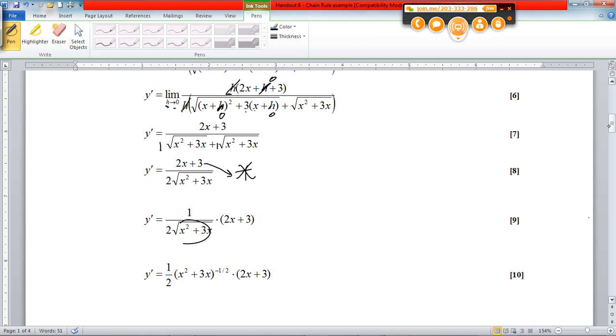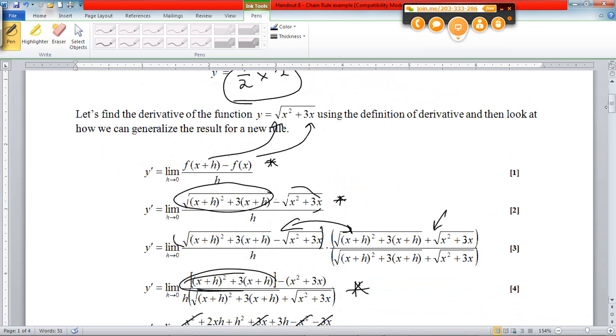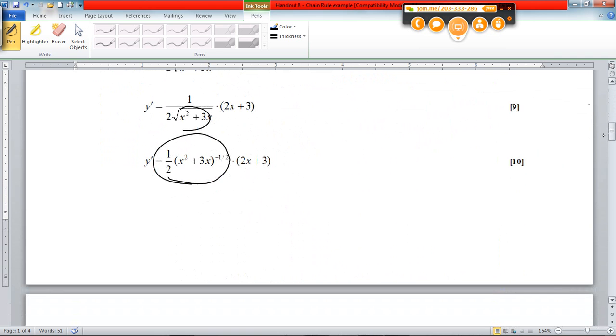Well, do you see a correlation, at least in this part, and then the original very top one I did? 1/2 x to the minus 1/2, what do I have down here? Basically the same thing. I have a 1/2 x squared plus 3x to the minus 1/2.